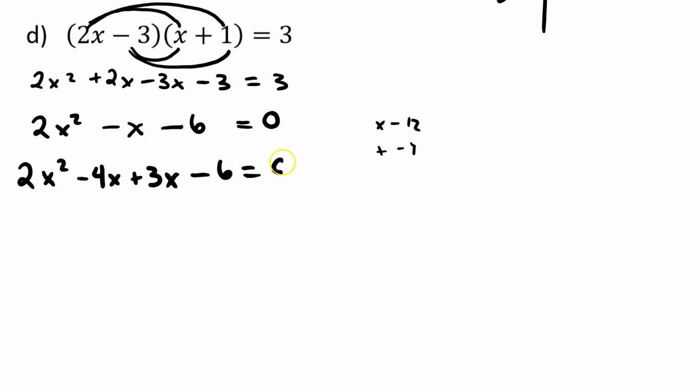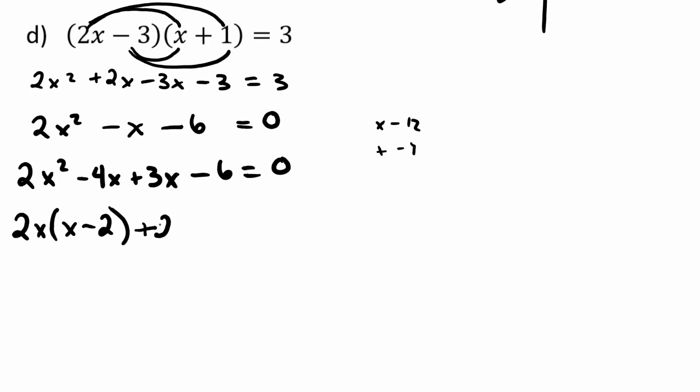Minus 6 equals 0. And let's refactor this. So the greatest common factor from these first two is going to be 2x, and we're left with x minus 2. And then I'm going to factor out a positive 3. So don't forget to put this operation here, because I see a lot of people skipping it, which makes it look like it's multiplication, which is incorrect.